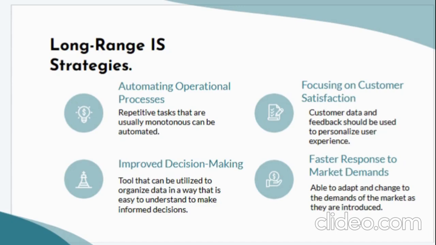Data analytics tools should be used to generate reports for informed decision making by management. Lastly, faster response to market demands. The flexibility of a cloud-based system allows faster adaptation to changing market trends and new marketing initiatives.